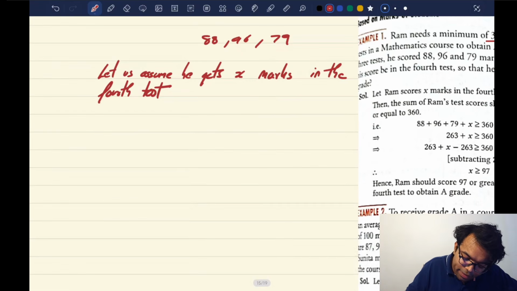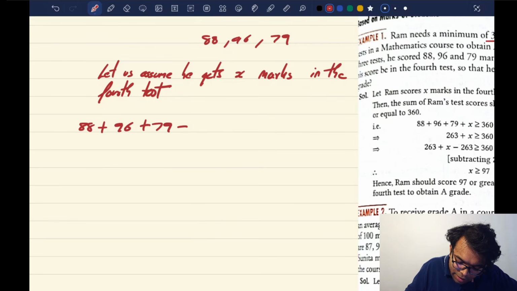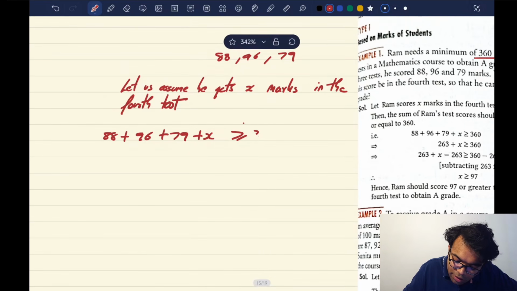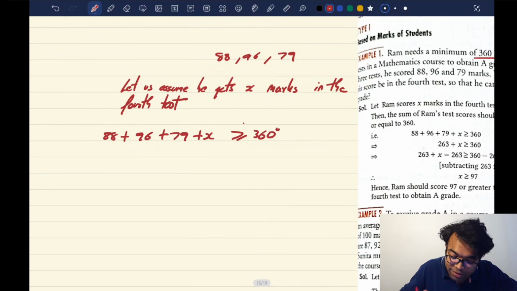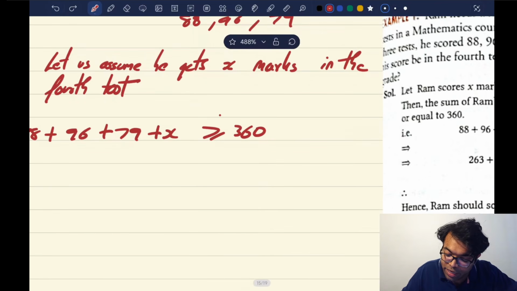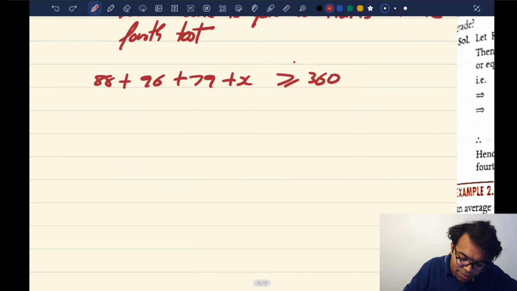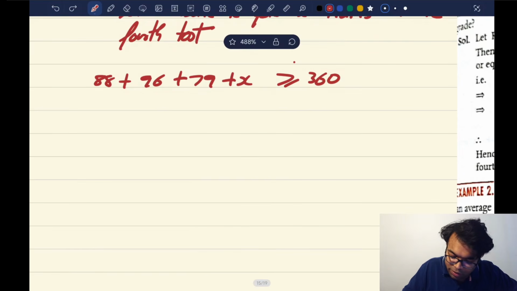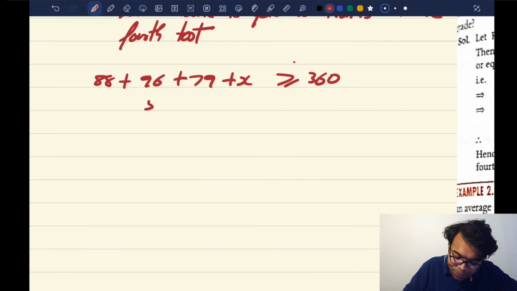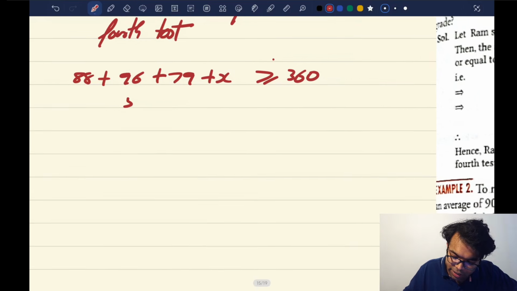So what will he get? 88 plus 96 plus 79 plus x should be greater than or equal to 360. Sorry, 360 marks, not 360 degrees. It should be greater than or equal to 360 for him to get an A grade. So this whole thing adds up to what? 263, right?